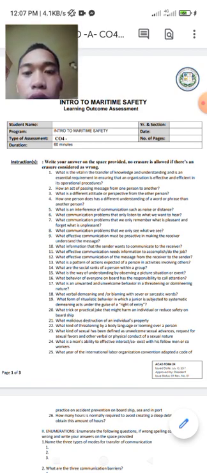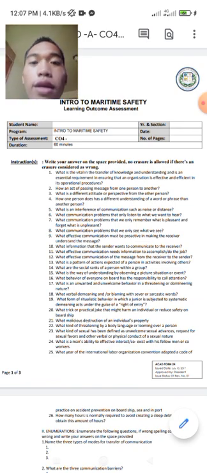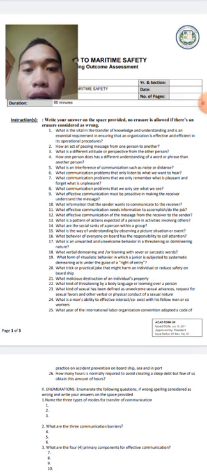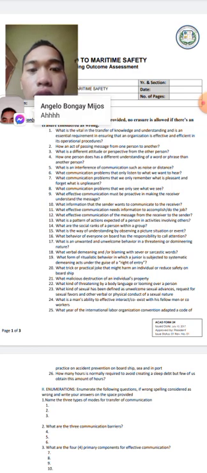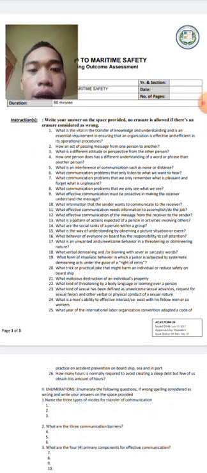So let's start. Number 1, what is the vital transfer of knowledge and understanding and is an essential requirement in ensuring that an organization is effective and efficient in its operational procedures? I think the answer is communication.